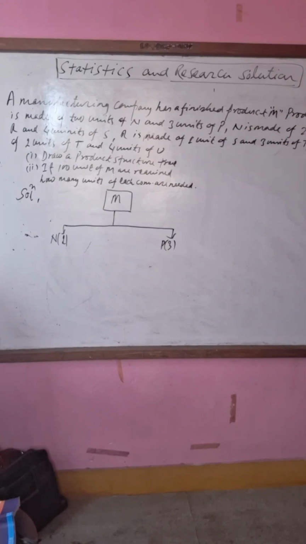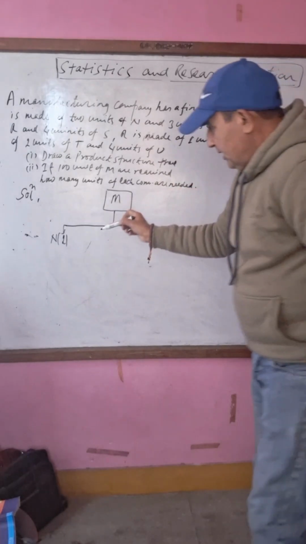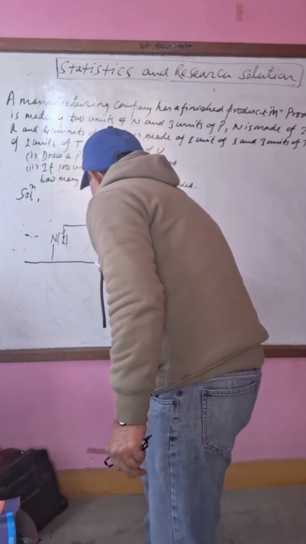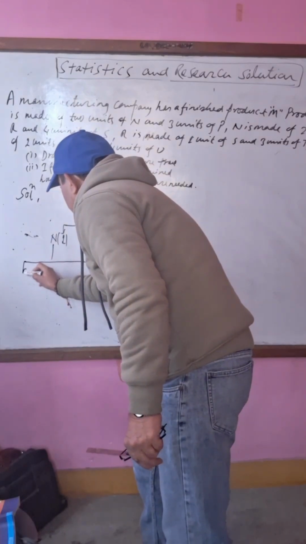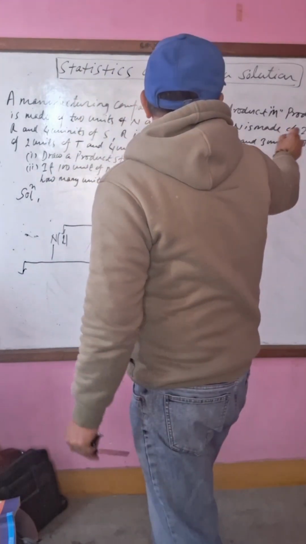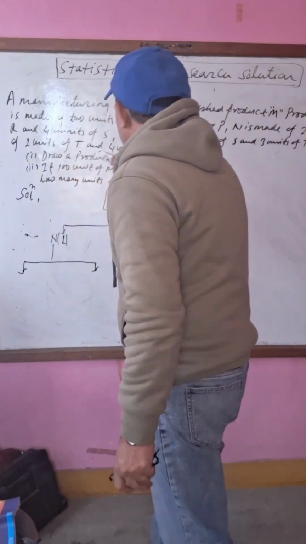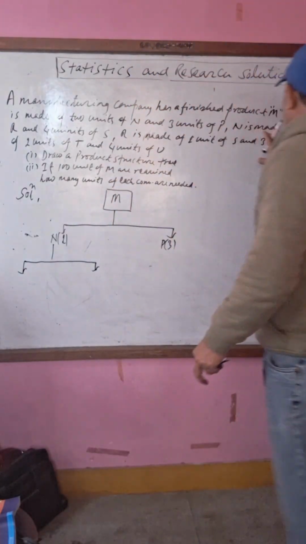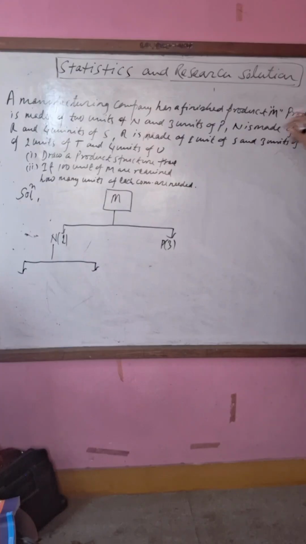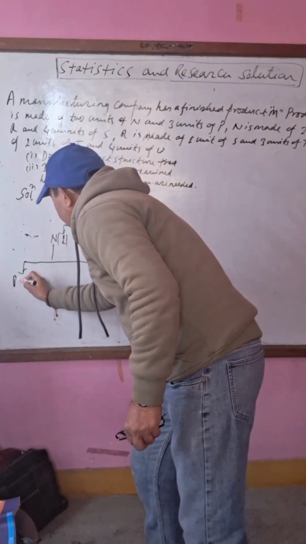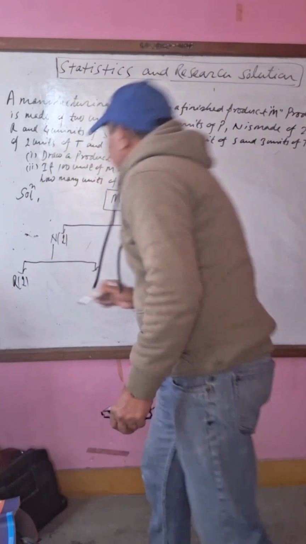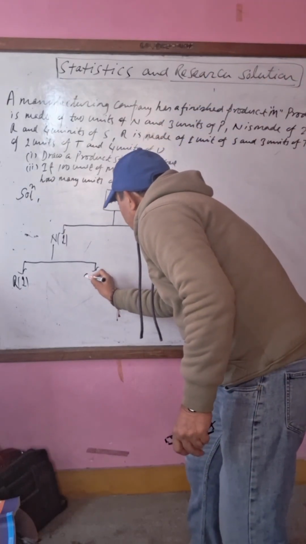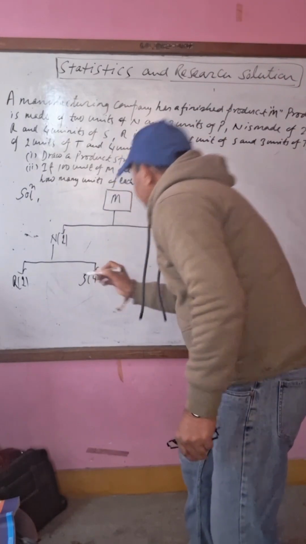N is made of 2 units of R and 4 units of S. You write 2 units of R, and 4 units of S.